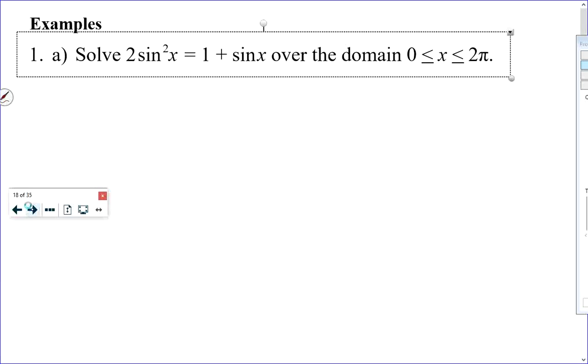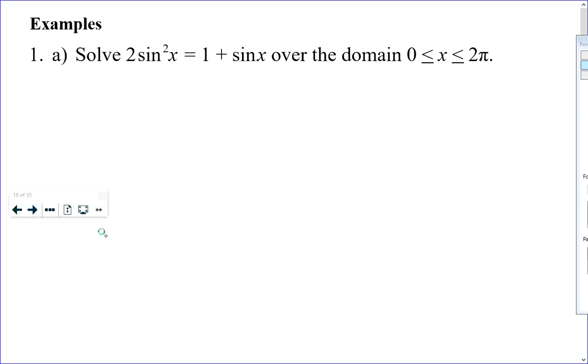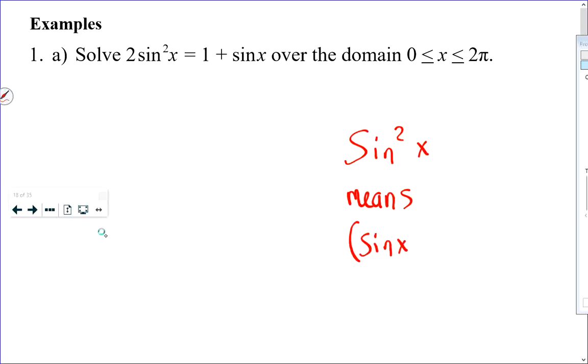All right, so examples, solve. Now we do have to talk about something first. What does this mean? First of all, it's pronounced sine squared of x. What it means is sine of x quantity squared.